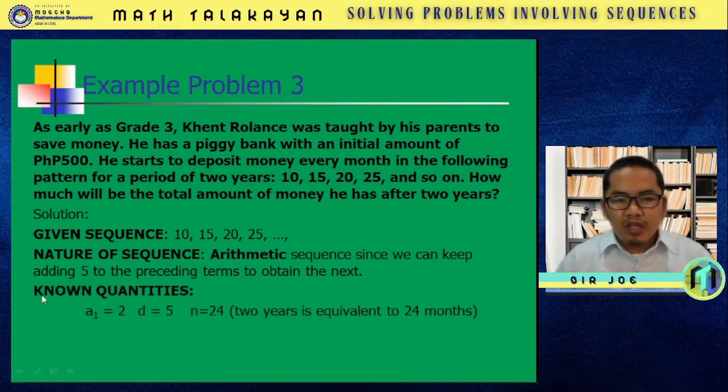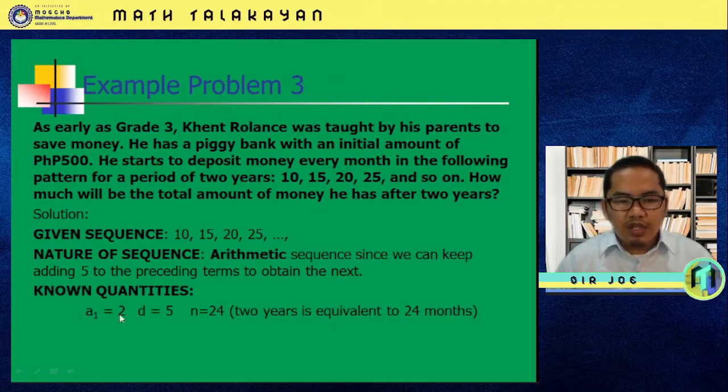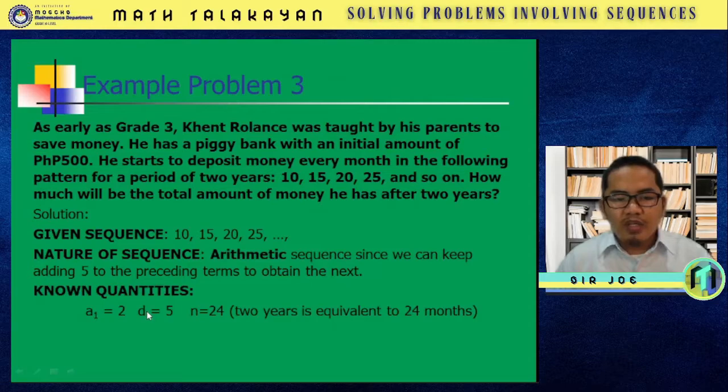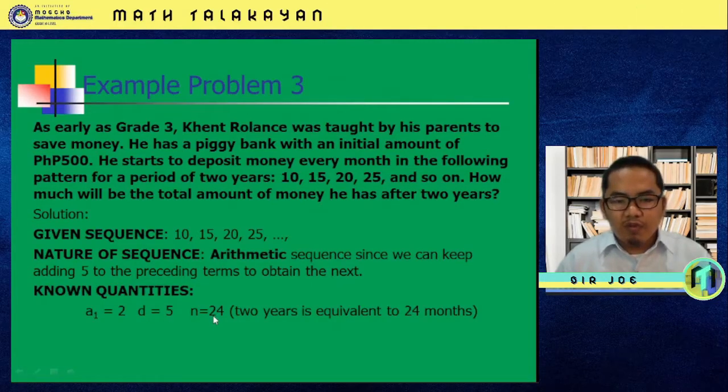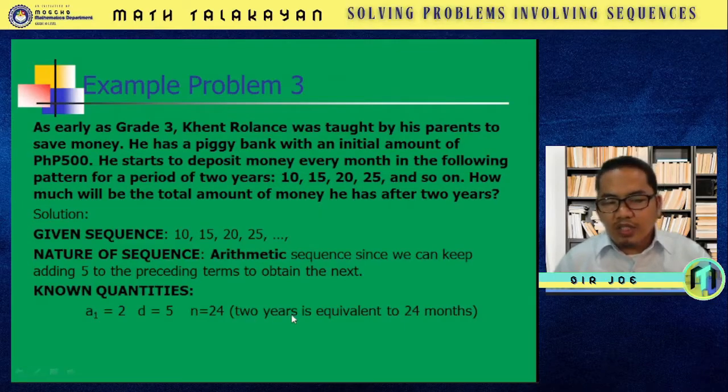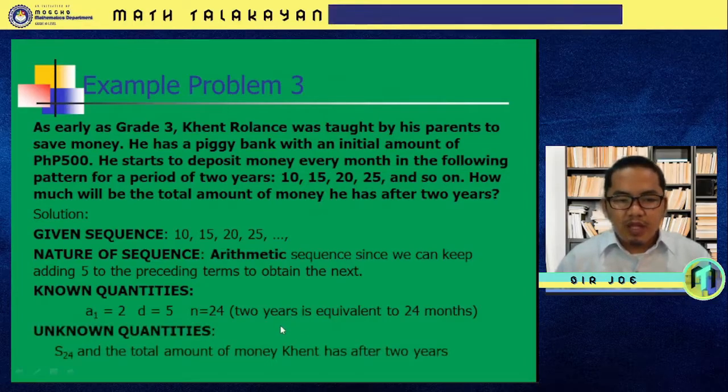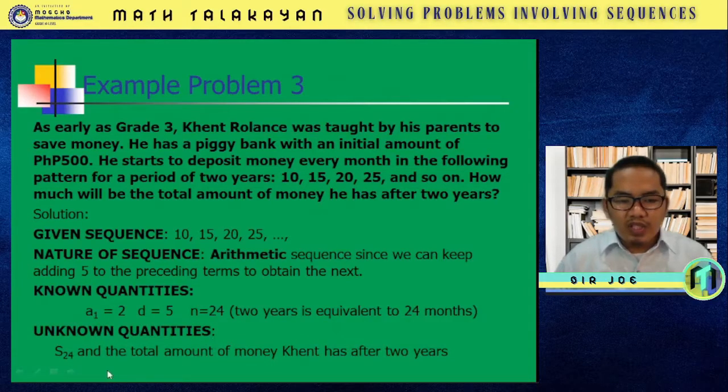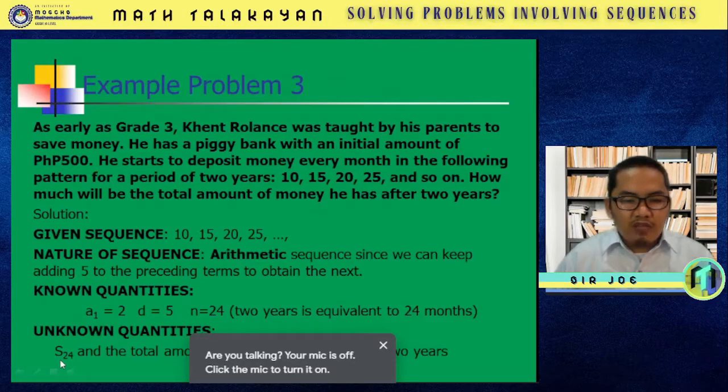And our known quantities are, the first term is 10, common difference is 5, and our n is 24, since 2 years is equivalent to 24 months. Our unknown quantities are S sub 24 and the total amount of money Kent has after 2 years.